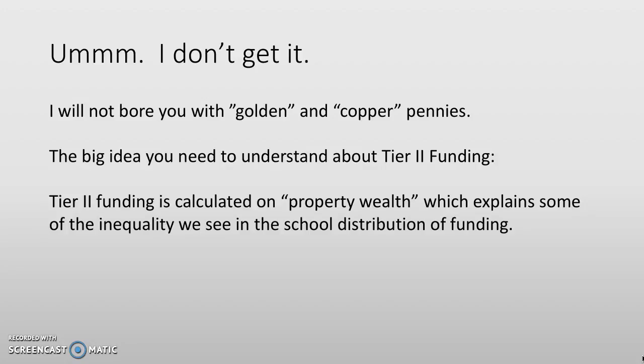The big idea on Tier 2 funding has to do with the state trying to establish equity in the districts. There are what we call quote-unquote wealthy properties and quote-unquote poor properties. Basically, the state tries to distribute the wealth more equally so that schools in wealthy property areas don't get all of the funding over schools in poor property areas.